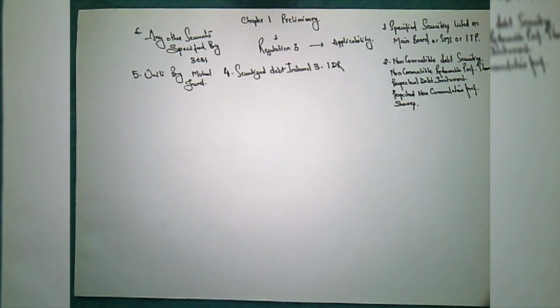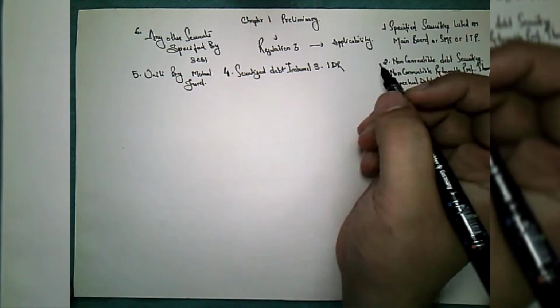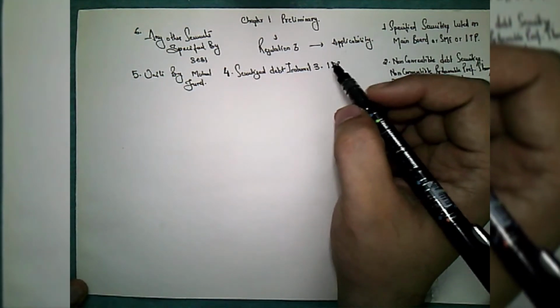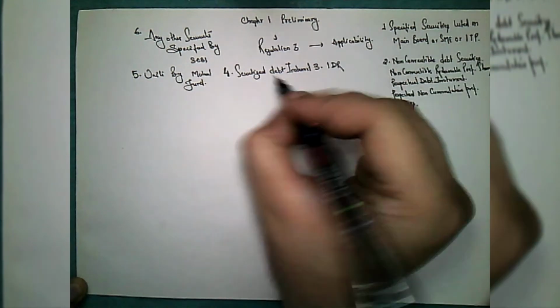Now, in the listing regulation 2015, the term listed entity is used instead of listed company. So whenever you're talking about the listing regulation, it's not listed company, instead it is listed entity.